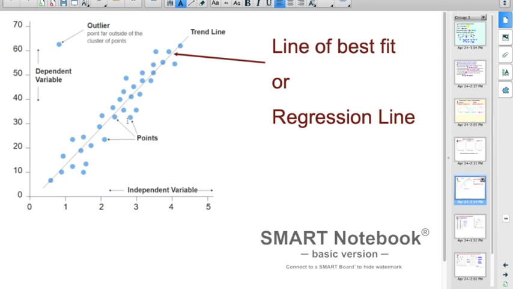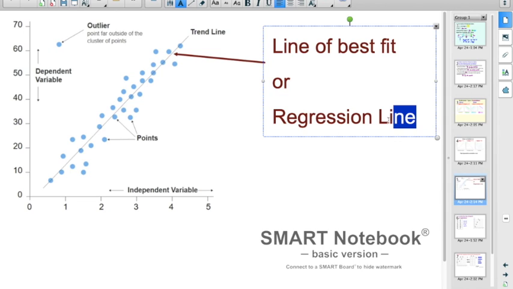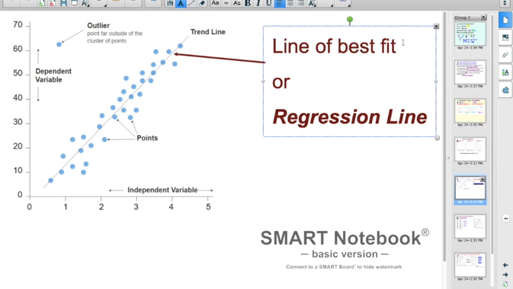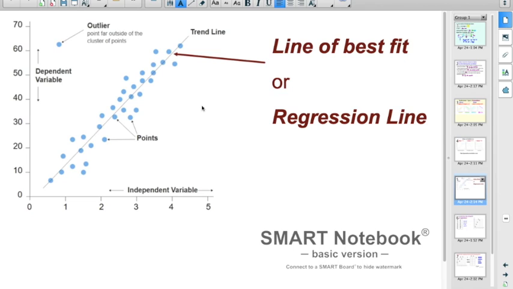And then when you have your points, what we like to do when we have a scatter plot is we like to connect a line to it, what we call the line of best fit, or also known as the regression line. That's just another fancy way of saying the line of best fit. Okay. And all that line is we take the points and we try and connect a line through as many points as we can. Okay.